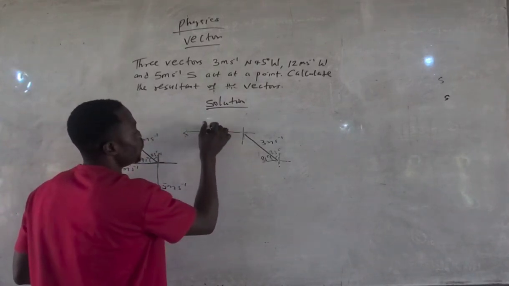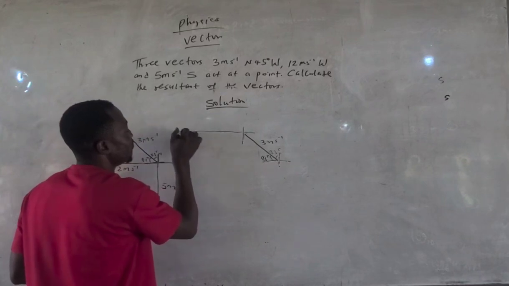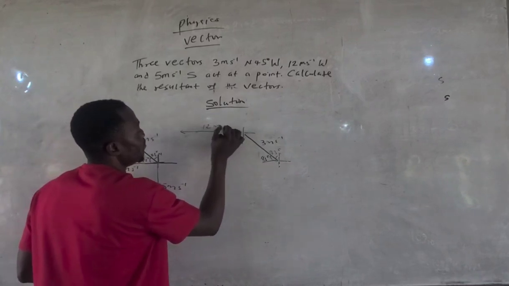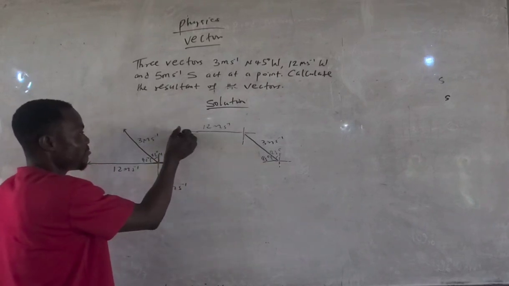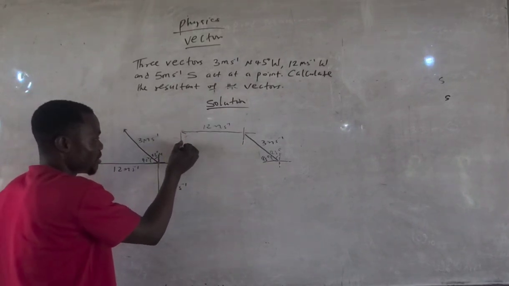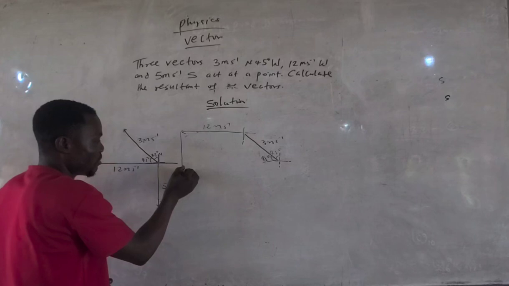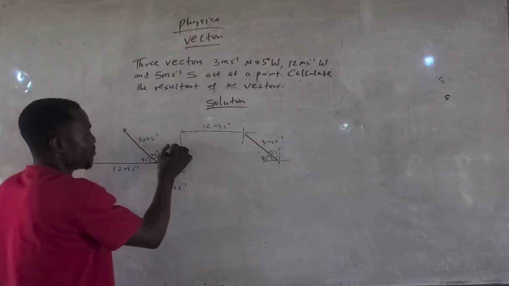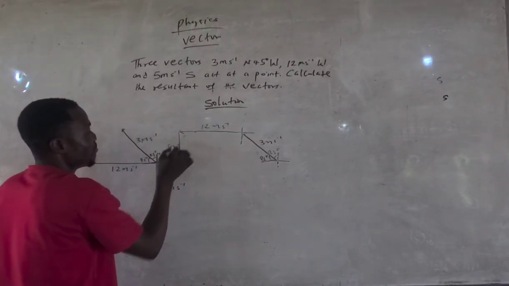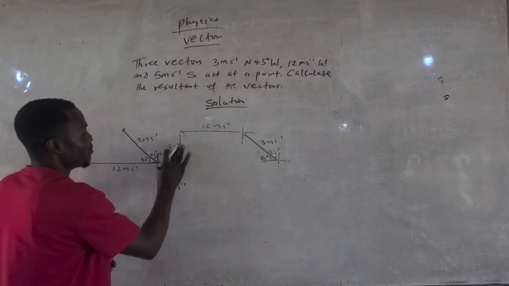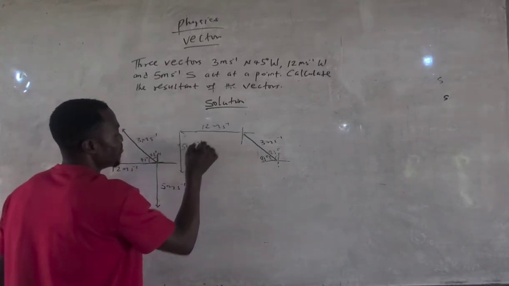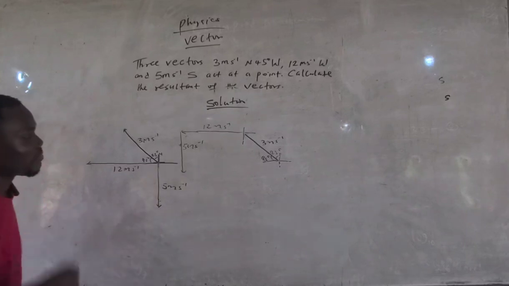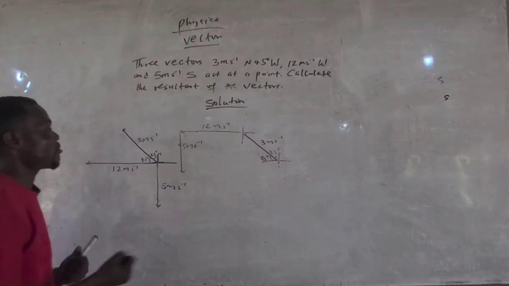So this is 12 meters per second. So from where this one ends, we take from the head the 5 meters per second, which is acting south. So this is 5 meters per second. So this is the vector diagram for these vectors.